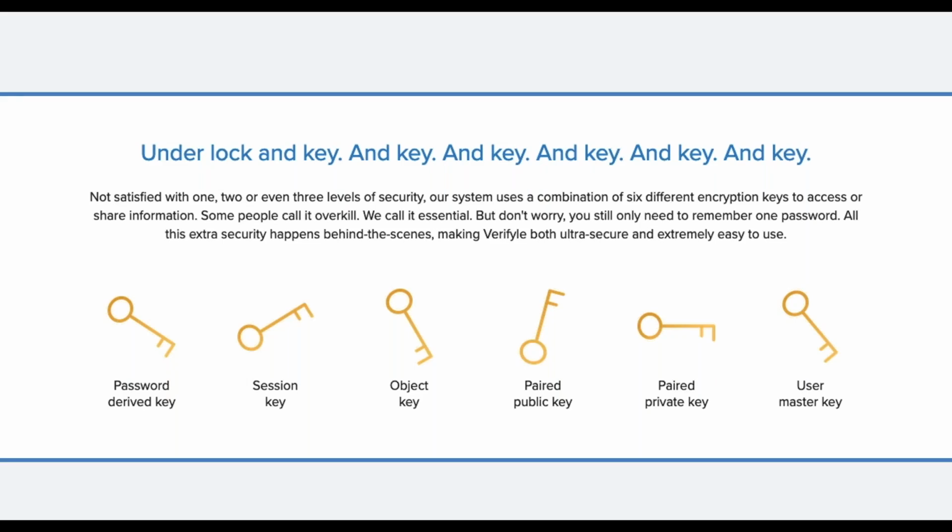So each data element inside of Verifyle has been individually encrypted, such that even if somebody were to break past our encryption, which they won't, all they would be able to access would be that single data element, and that's it. There's no potential for someone to break into Verifyle and scoop mass amounts of data to gain what we call bulk access, as they have done recently with so many systems in both the public and private sectors, including Anthem to the tune of something like 80 million individuals' data files, and Equifax to the tune of something like 146 million individuals' data files.